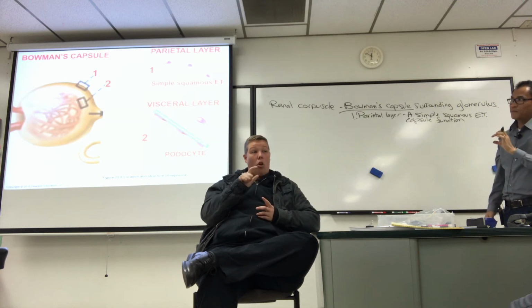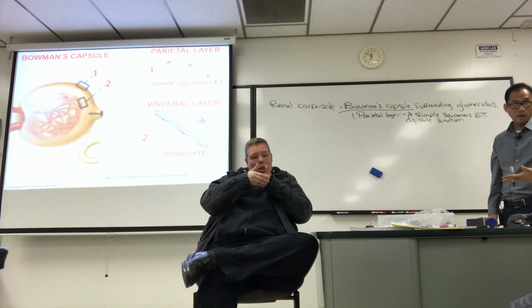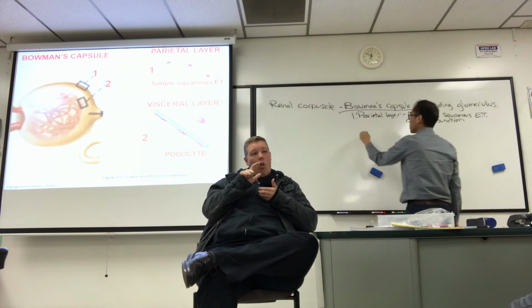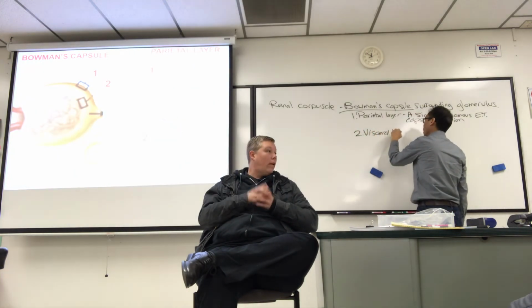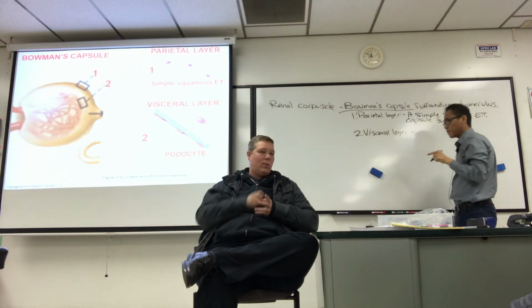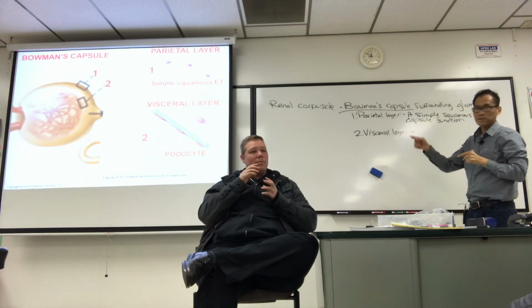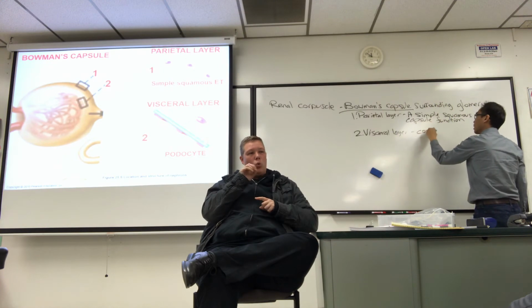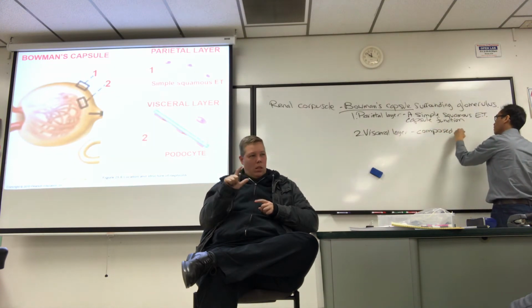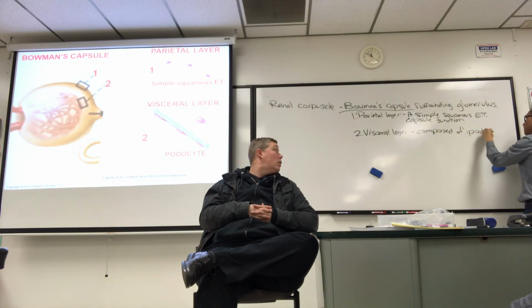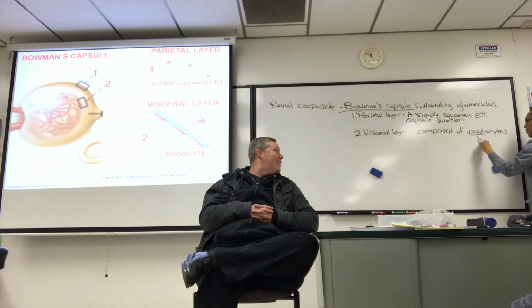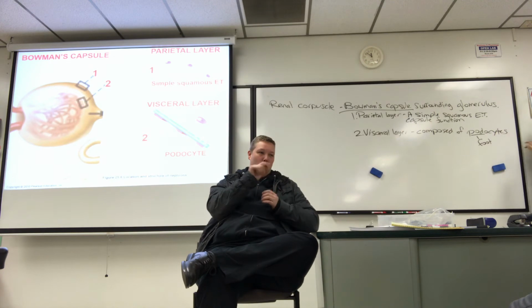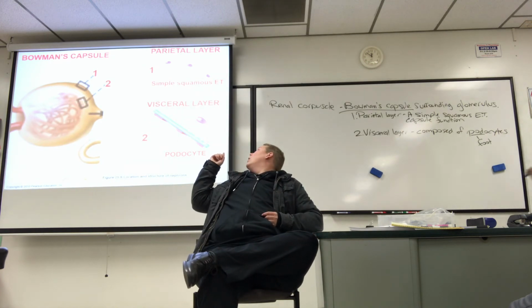Now that inner part, the visceral layer, that's the filter part of the glomerulus. It's composed of these podocyte cells. Now pod means foot. So these podocytes have, look at the picture there, those foot processes, right?